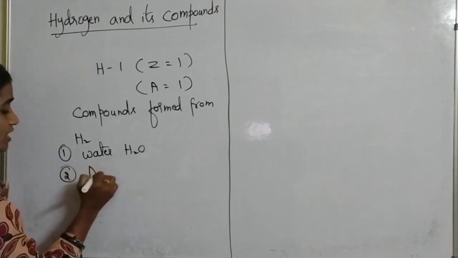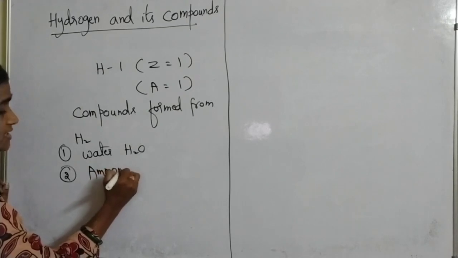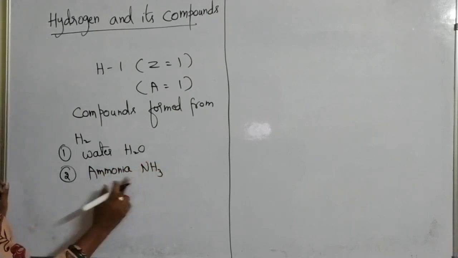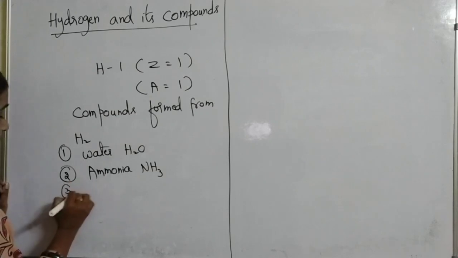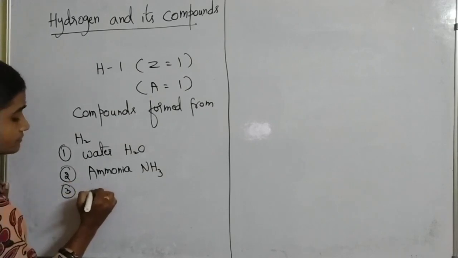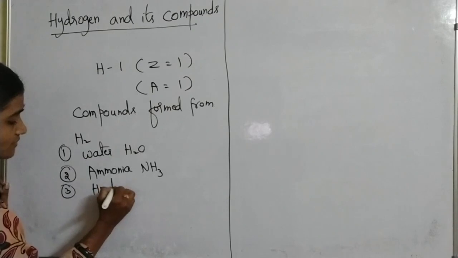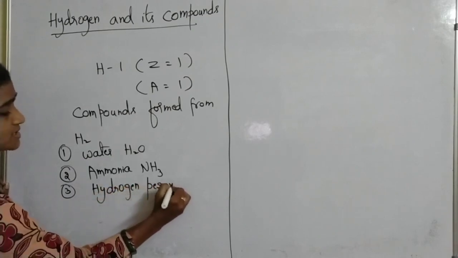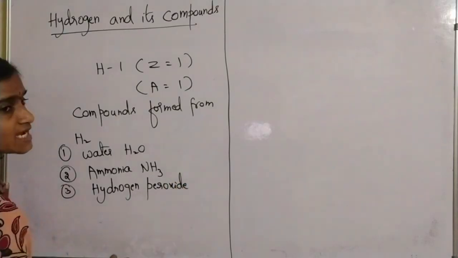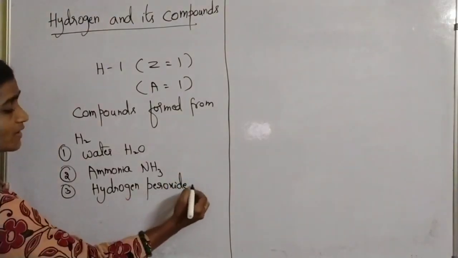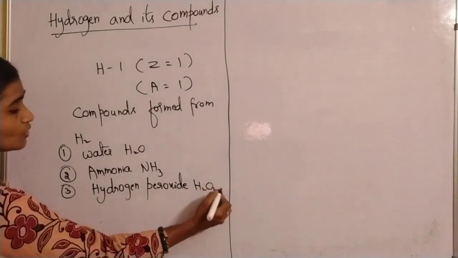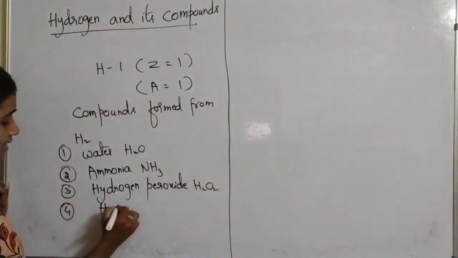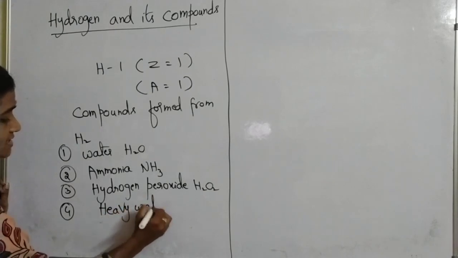And then ammonia, you all know. Ammonia is one of the important compounds of hydrogen, the hydride of nitrogen. And hydrogen peroxide. In this lesson we are going to deal with these compounds, their preparations and properties. Hydrogen peroxide, H2O2. And you have heavy water, which is called D2O.